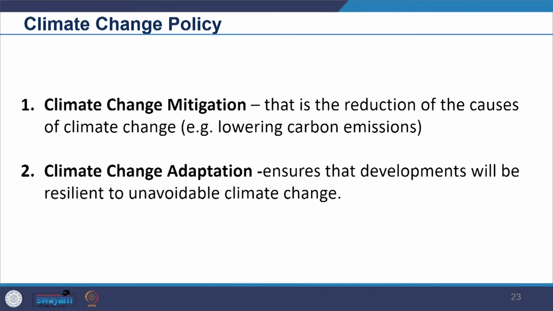When we talk about adaptation, we conceptually look into resilient developments where we can handle the unavoidable climate change. So whatever comes, we are able to face that. We talk about these 2 things, and further, we also look at the interaction between the mitigation and the adaptation. These are the major concerns when we look into climate change.